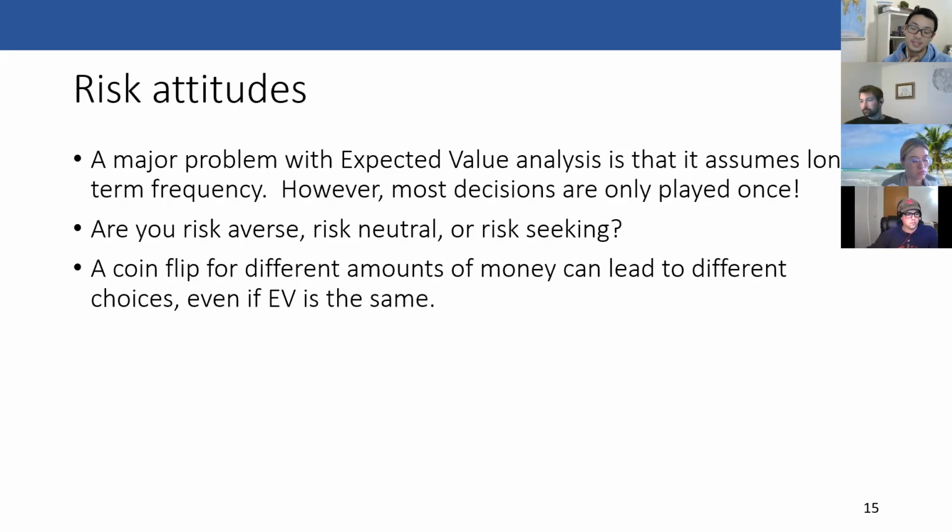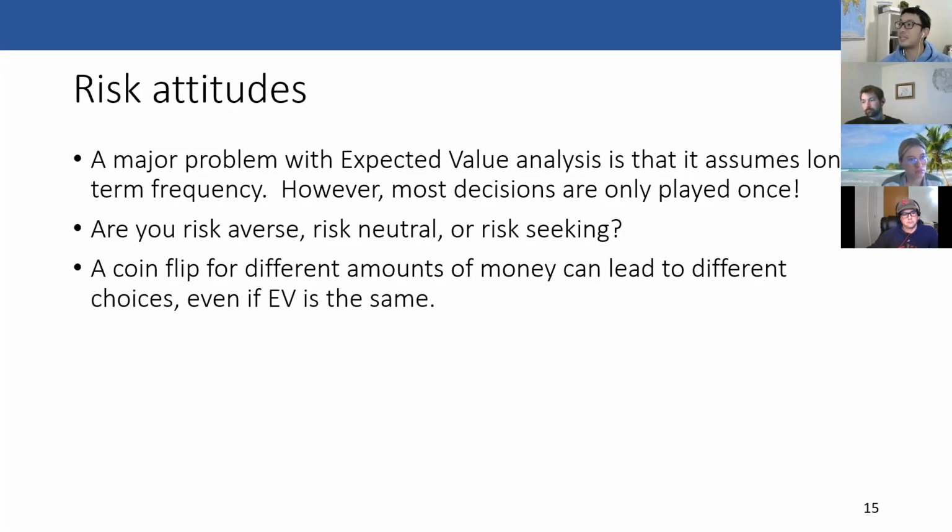So just to clarify, risk aversion means that you don't like taking risks, and that maybe you are willing to sacrifice some of that expected value for more of a guaranteed outcome. Someone who's risk neutral, by definition, means that they're always going to be on the side of whatever the expected value is telling them.